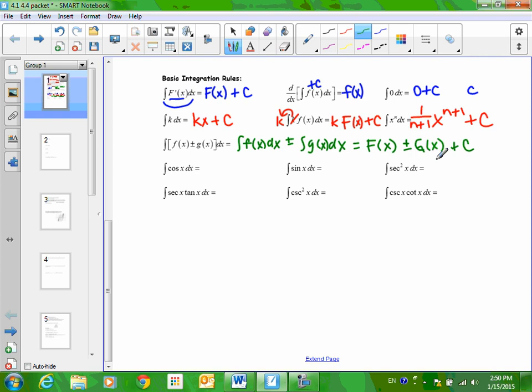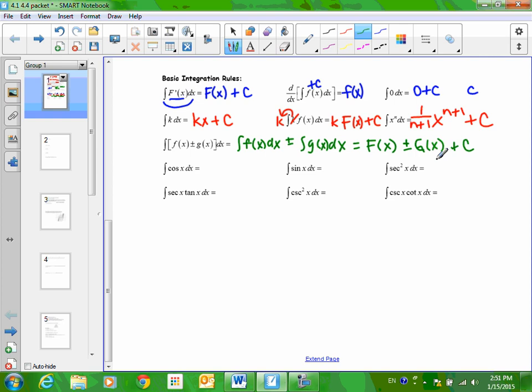All right. So forget about what's on the board. What is the derivative of sine x? Cosine x. What's the derivative of cosine x? Negative sine x. What's the derivative of tangent x? Secant squared x. What's the derivative of secant x? Secant x tangent x.